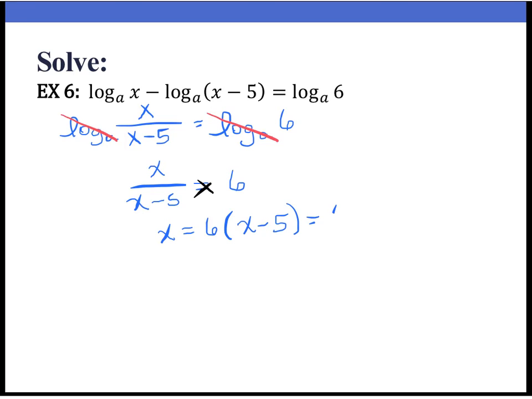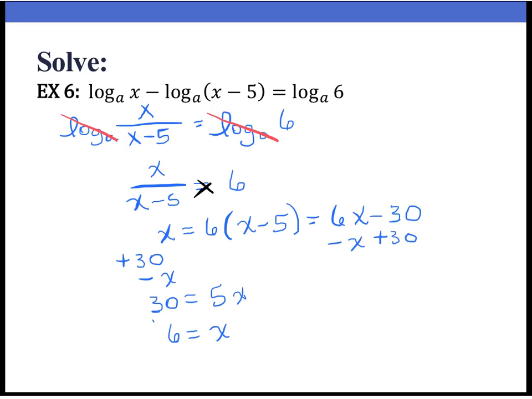Distribute your 6 like so, and I'm going to add 30 to both sides and subtract x. And that gives me 30 equals 5x, and so x is equal to 6. And that's how you solve logarithmic equations.